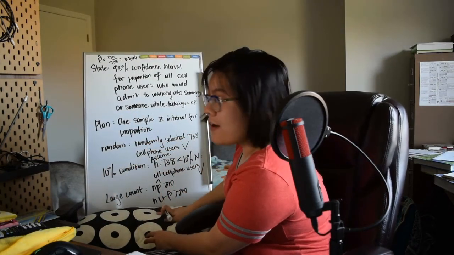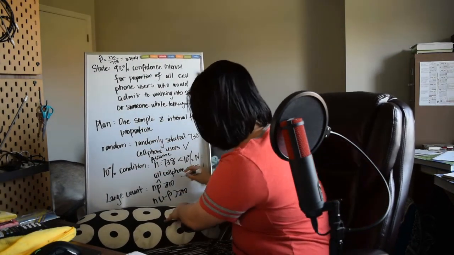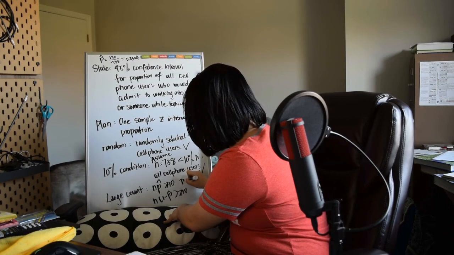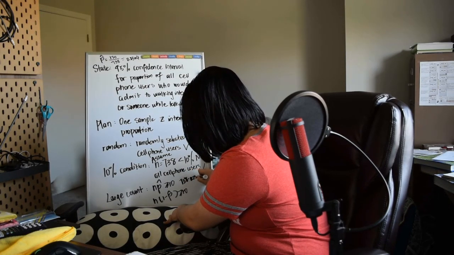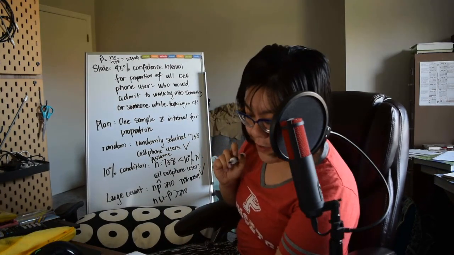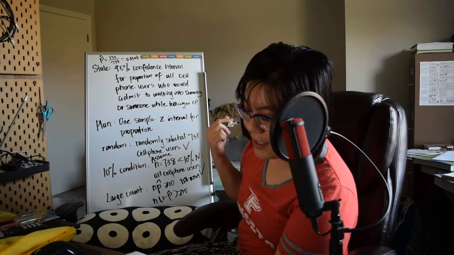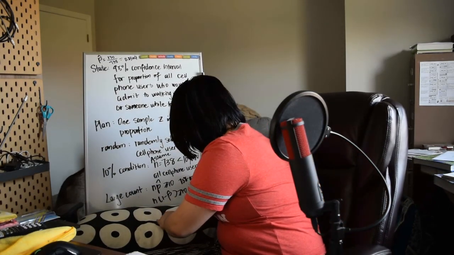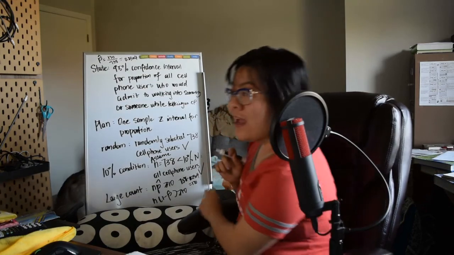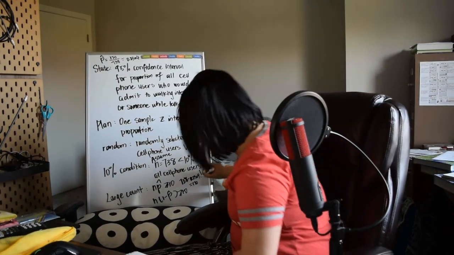Let's calculate n times p: 738 times 0.2304. If you put this in the calculator, you will get around 170. This 170 is greater than or equal to 10.